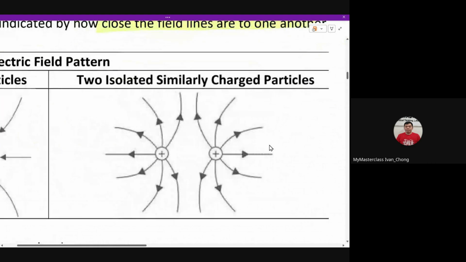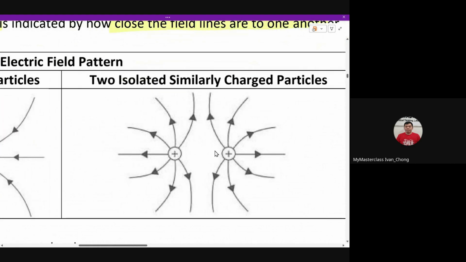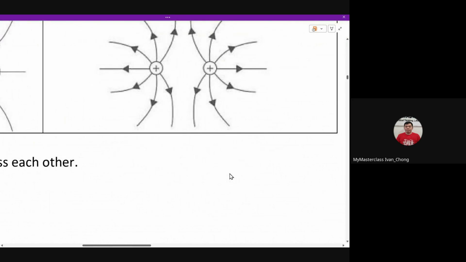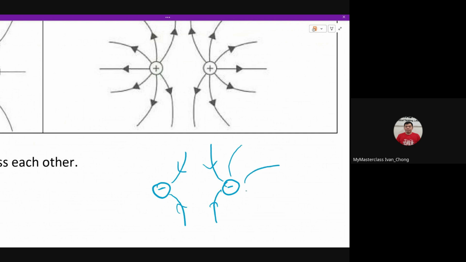And if you have two positive charges over here, they repel each other itself. And if you do have two negatives, the shape will be exactly the same, just that the arrows will now be inwards. Okay, so you want to draw roughly 5 to 8 lines, and you should try to make it as symmetrical as you can.